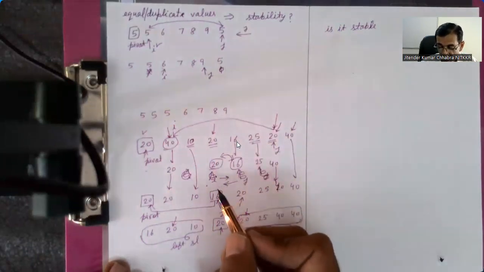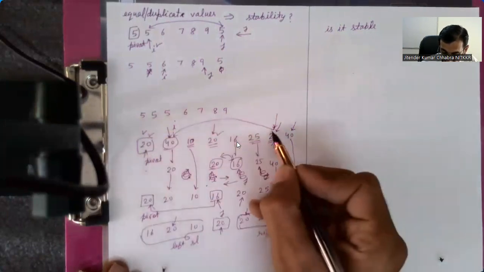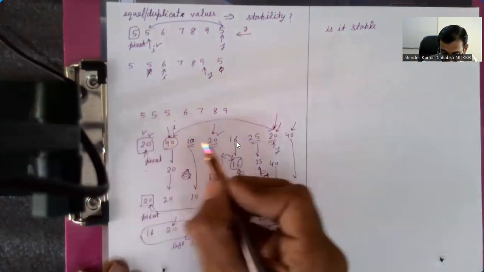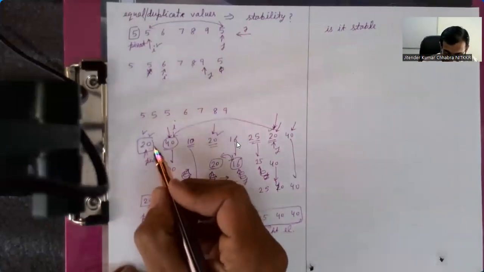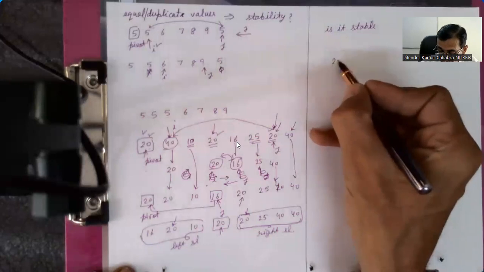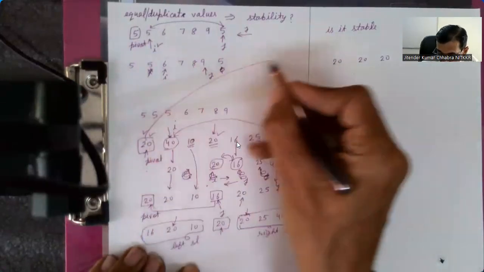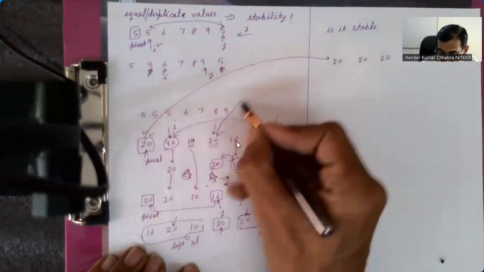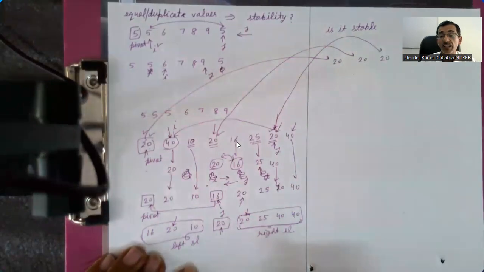I will say my quicksort will be called stable if these three values finally remain guaranteedly in this order. It must be ensured that wherever they reach finally, only this 20 was first, then this 20, then this 20. Is it happening or not? Will it be guaranteed or not?